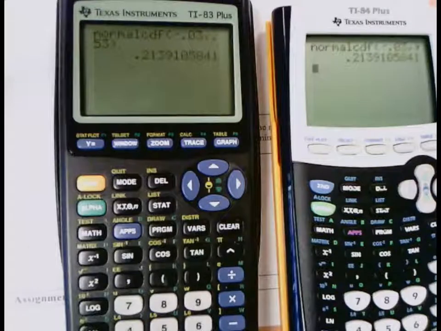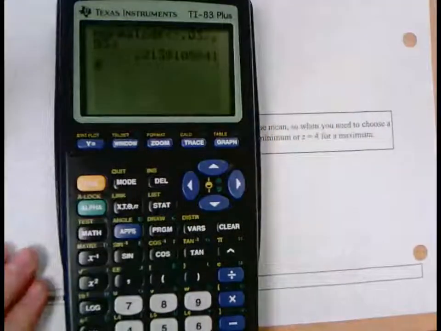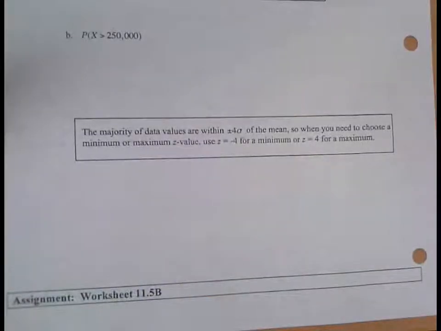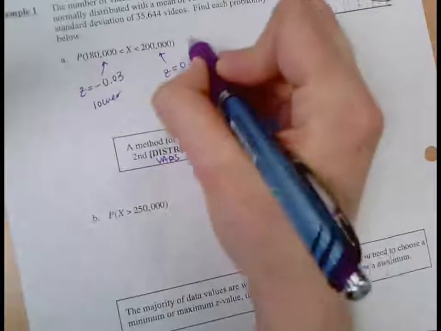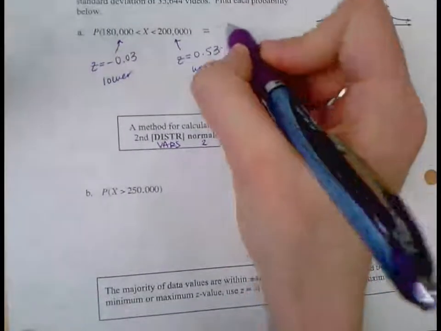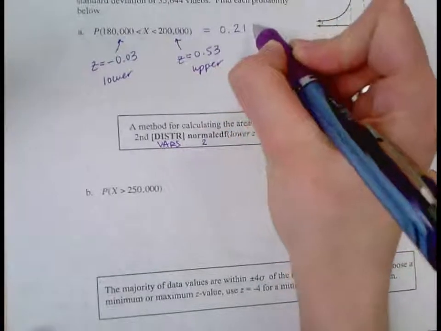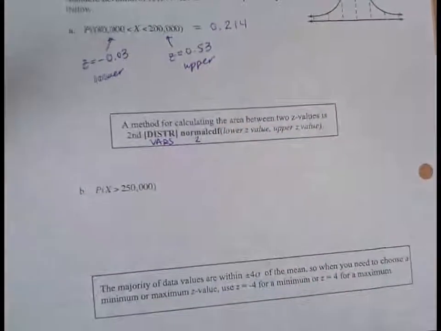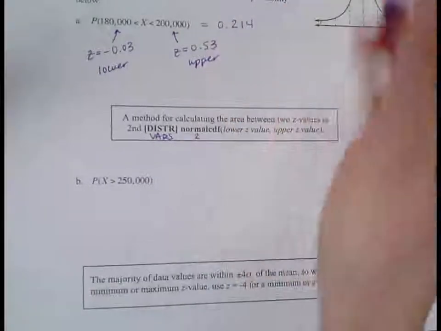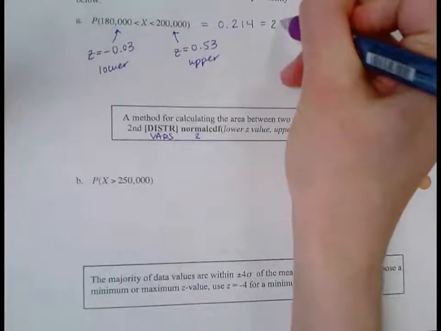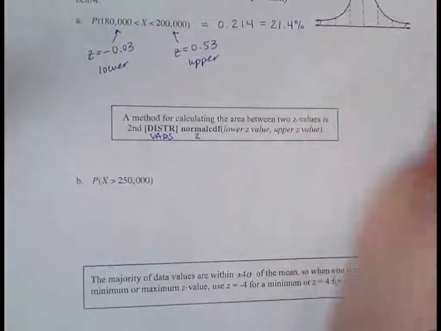Okay, so what this number represents, round this number to at least 3 decimal places. So this is your probability. So it's 0.21, if I round to the 3rd decimal place, that would become a 4. So it's 0.214, which represents 21.4%.